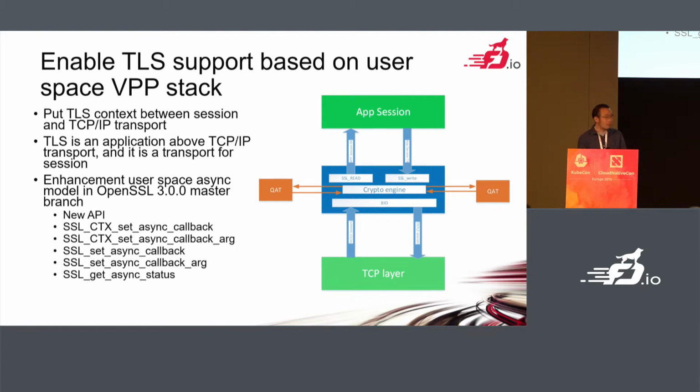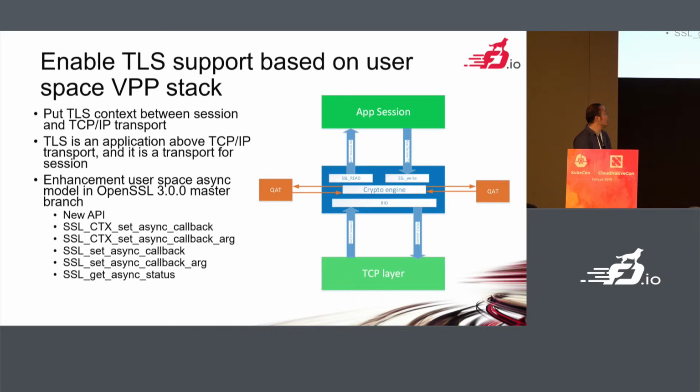And in the middle, we also do some async enabling for QAT. It means that when it sends out the request to hardware, it will enable async mode. So all of the work we previously did in the Nginx part, we move into the TLS async mode in the VPP part.